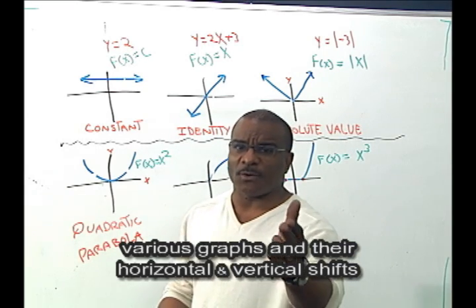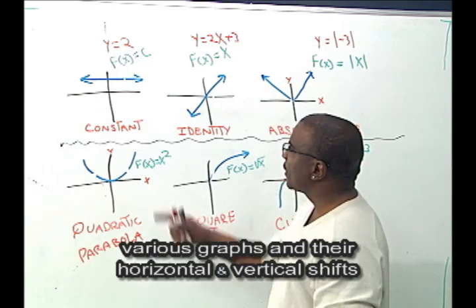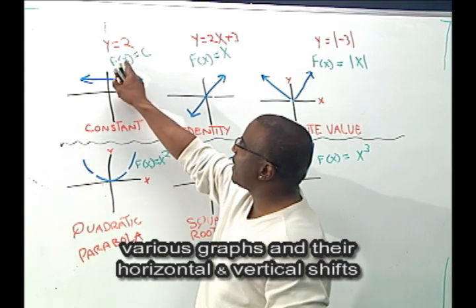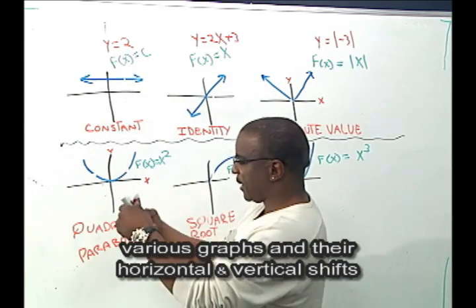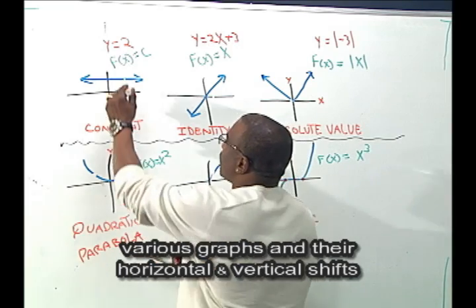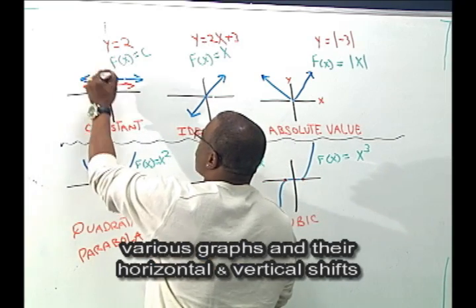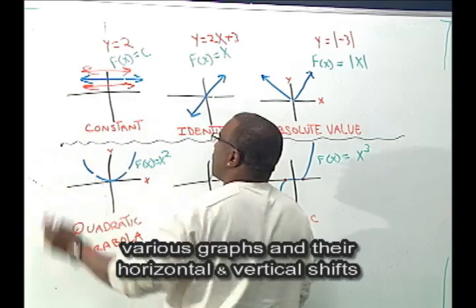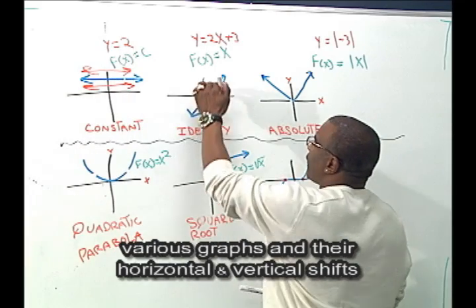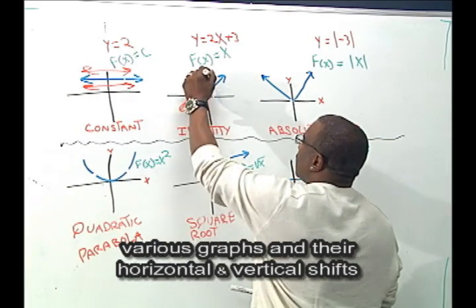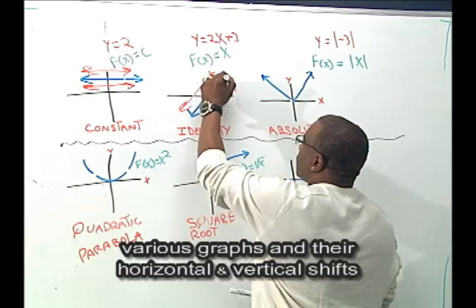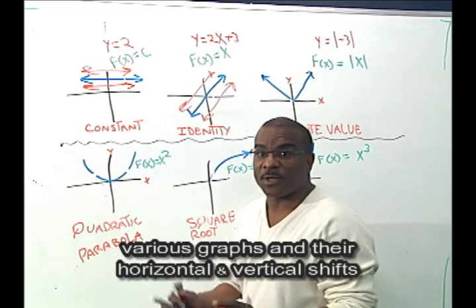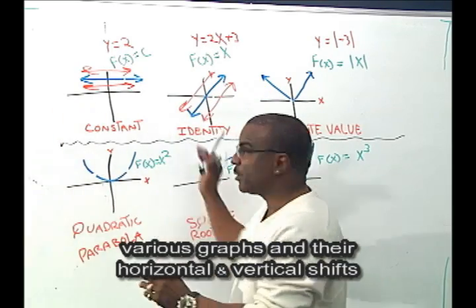Just to give you a quick view about what I mean, something is going to be happening to this function that's going to allow it to shift downward from its original position or shift upward. So you know what I mean by shift. This right here may shift up, like that, or it may shift down. You're also going to learn that sometimes things shift to the right or to the left.